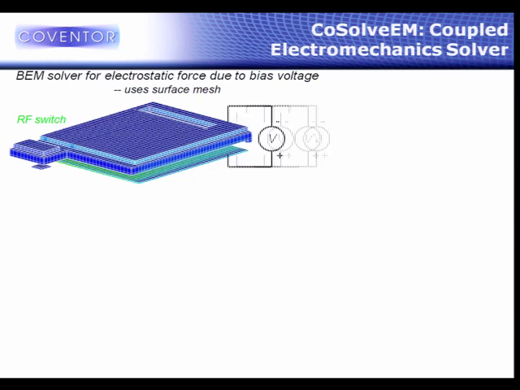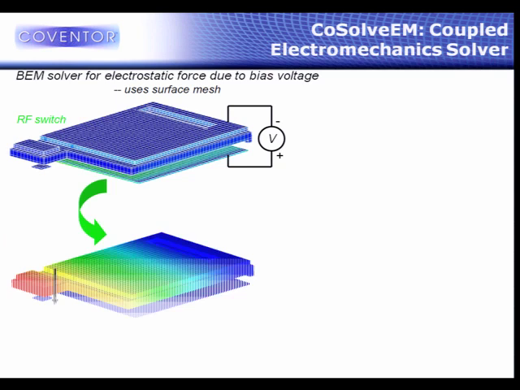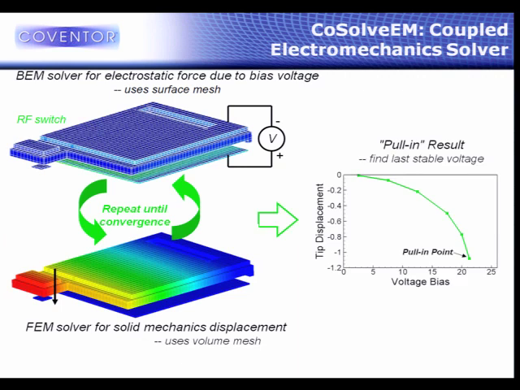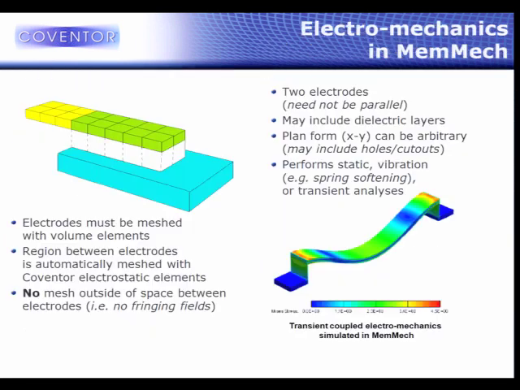Again, CoSolve EM, which is certainly the most heavily used part of Coventorware, uses MEM-Electro for electrostatics and MEM-Mech for mechanics, and iterates between those. You can do things like pull-in and lift-off with that solver, and that's heavily used.